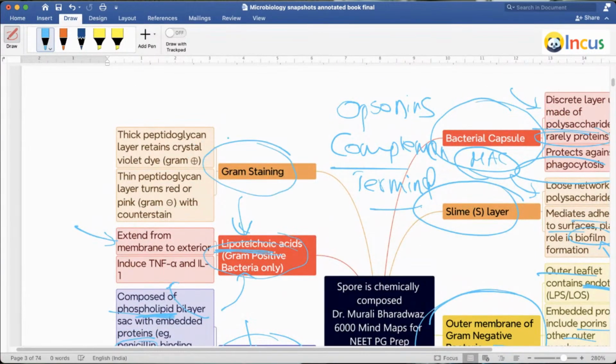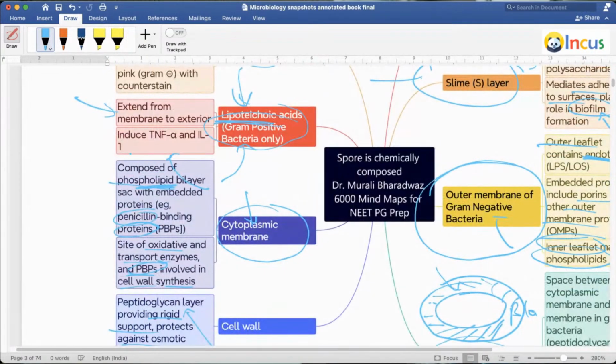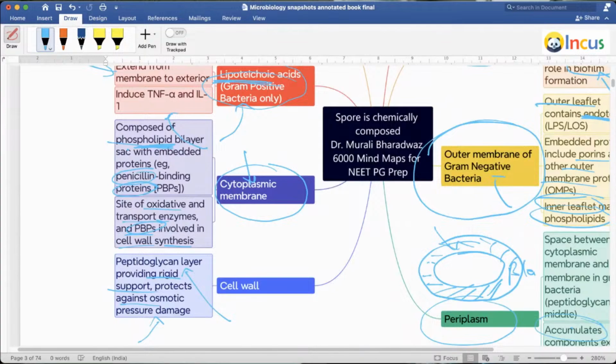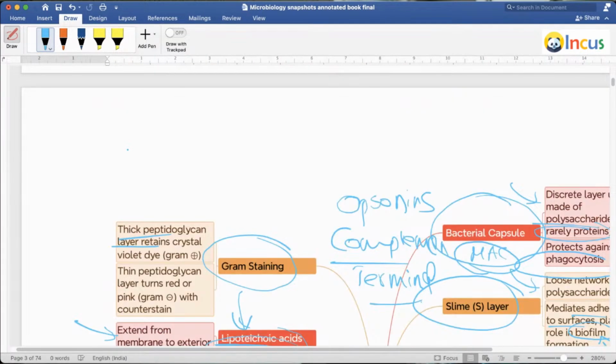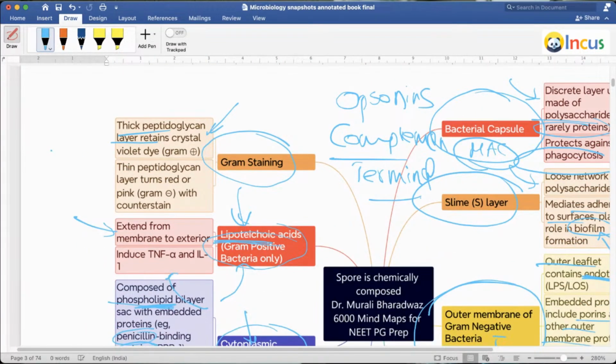Then coming to the gram staining, 2 points you need to know. The thick peptidoglycan layer, which is there typically in gram-positive organisms, is the one which retains the crystal violet dye. Whereas the thin peptidoglycan layer turns red or pink because of picking up the counter stain.